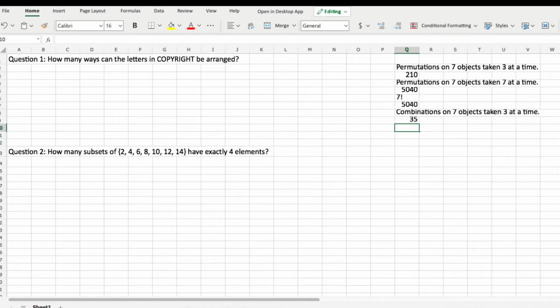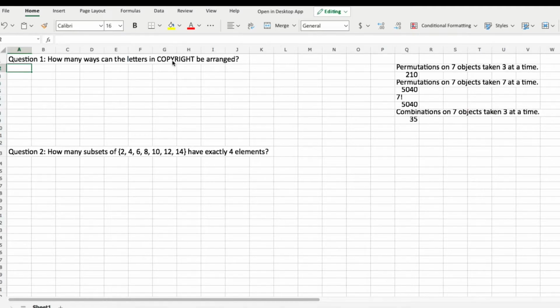And sure enough, the result is 35. That is less than 210, and that makes sense. In particular, it's 210 divided by 3 factorial. By the way, you wouldn't bother doing combinations of 7 objects taken 7 at a time because that would be just 1.